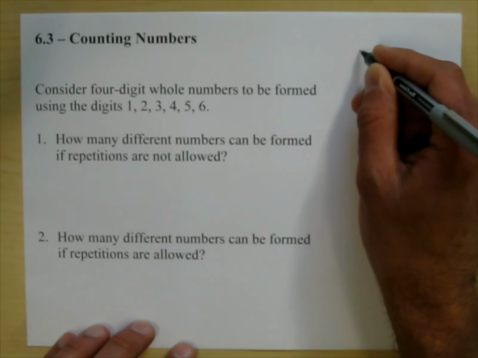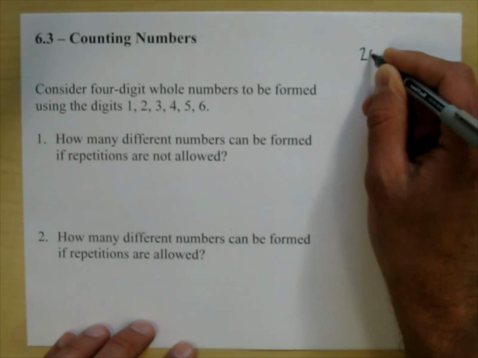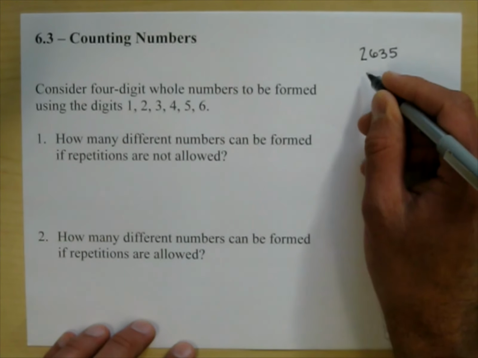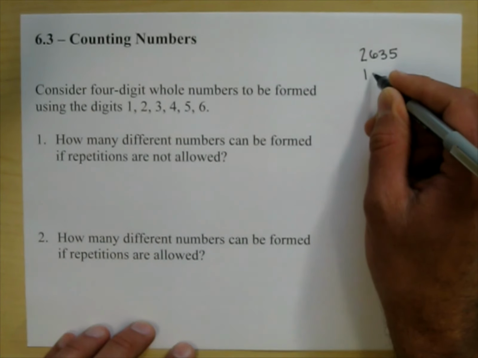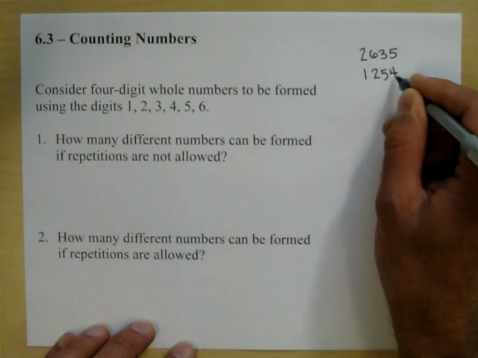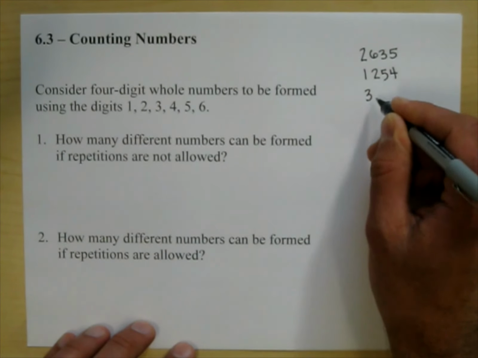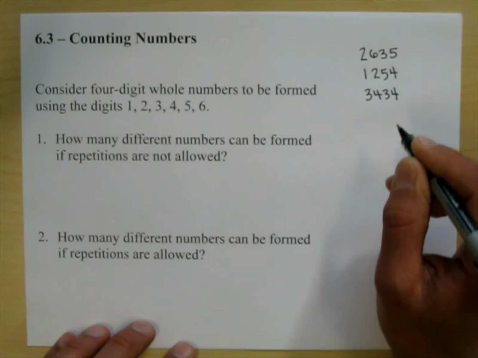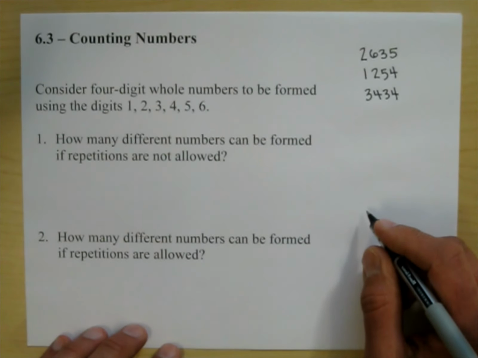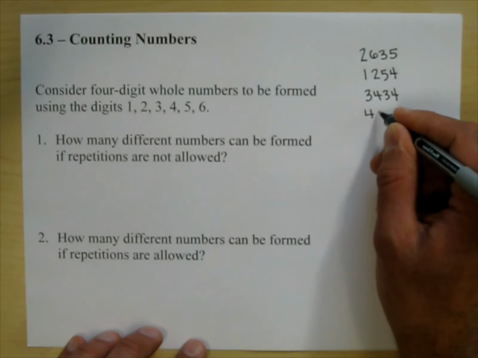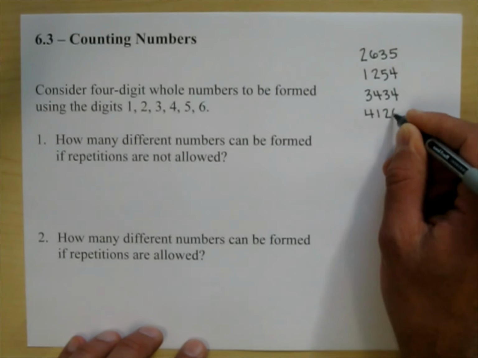Could be like 2,635 or 1,254 or 3,434, etc. How about 4,126?